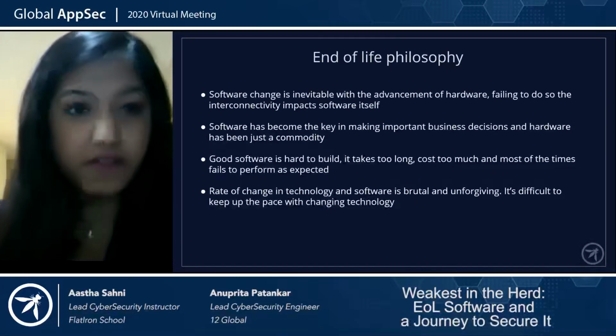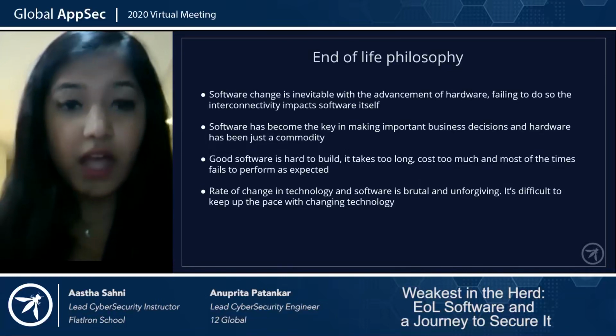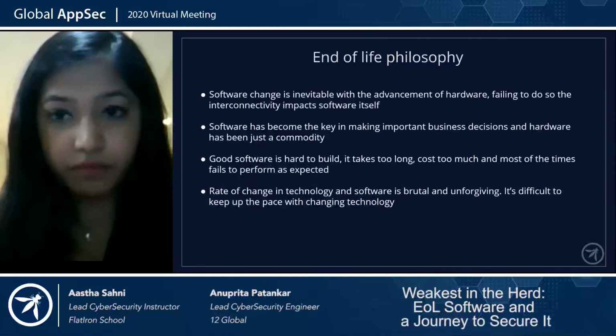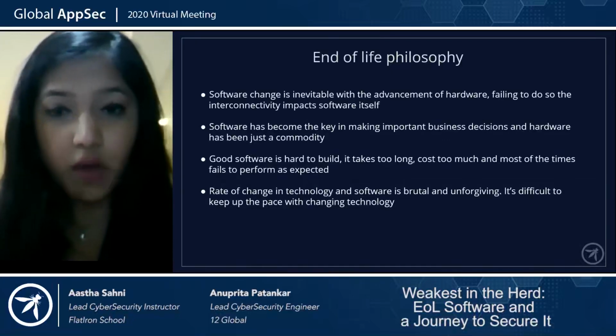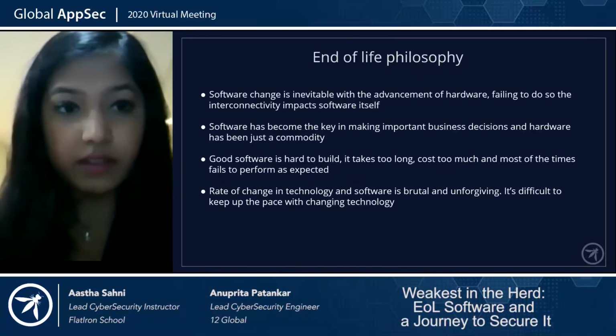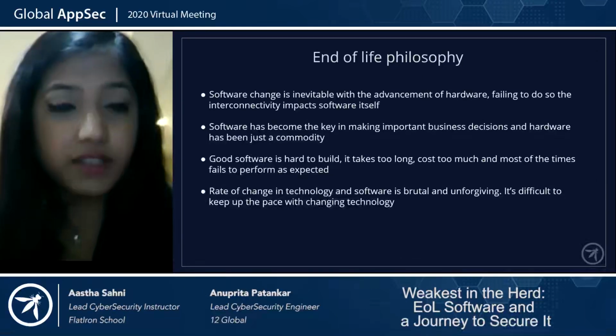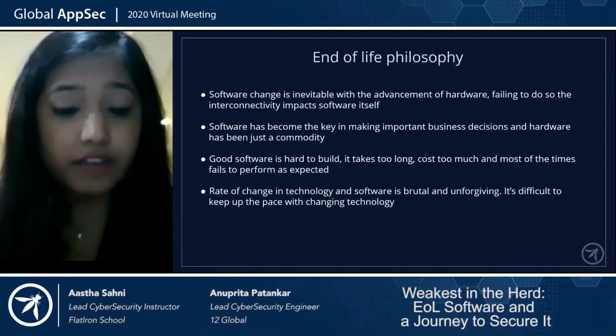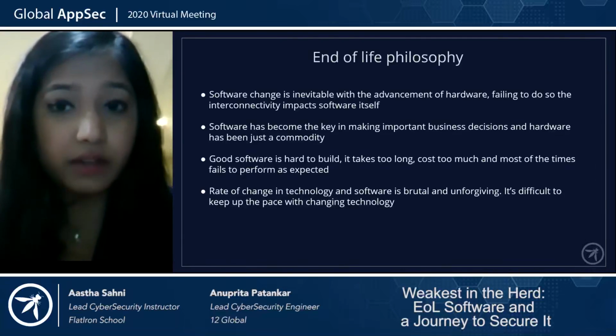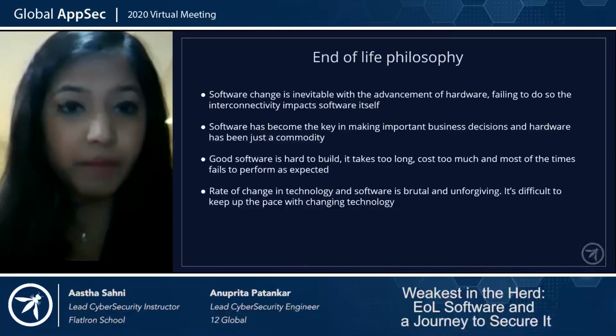The very first concept is that software change is inevitable, and it is inevitable with each advancement of hardware. When we talk about advancement, we also talk about the interconnectivity between software and hardware. And if that advancement with the hardware fails, then it directly impacts the software itself.